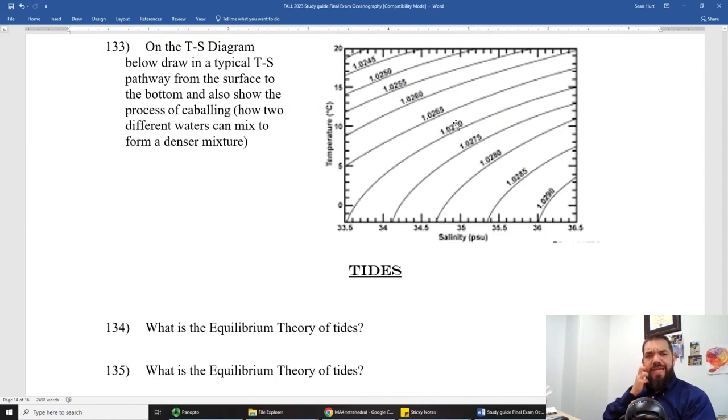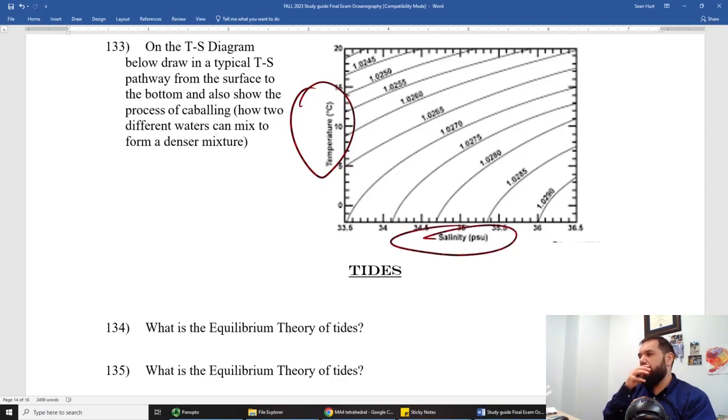be able to read a temperature salinity diagram like this. Let me just kind of explain this a little bit. So this is showing the temperature on the vertical axis, salinity on the horizontal axis. These lines that you see are contour lines showing lines of equal density, because remember that density of seawater is affected by both temperature and salinity, right?